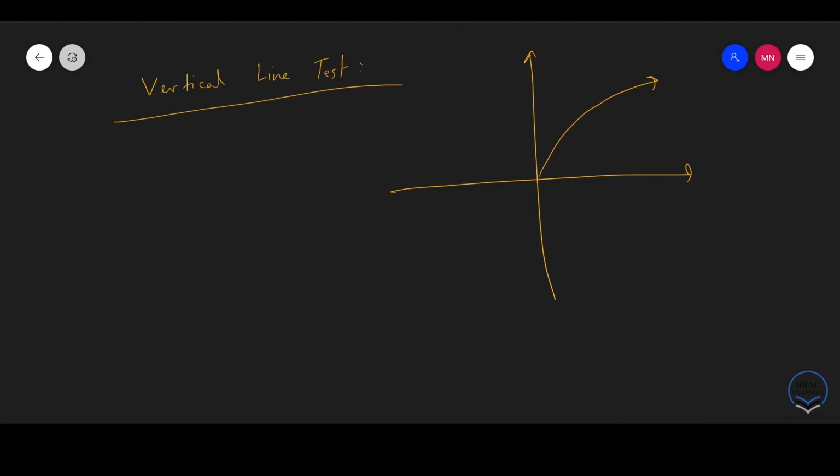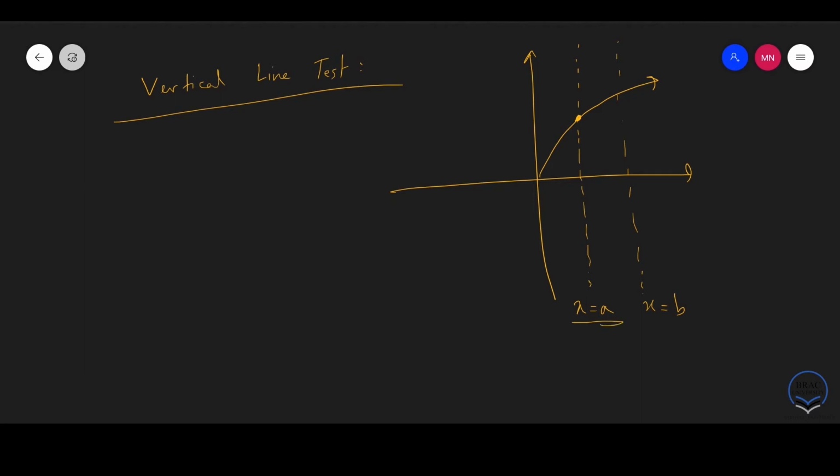This is basically when we draw a vertical line straight down the graph at every value of x. So let's say this is at x is equal to a, or this is at x is equal to b. Now, if these vertical lines at every value of x only intersect the graph once, then this is the graph of a function.